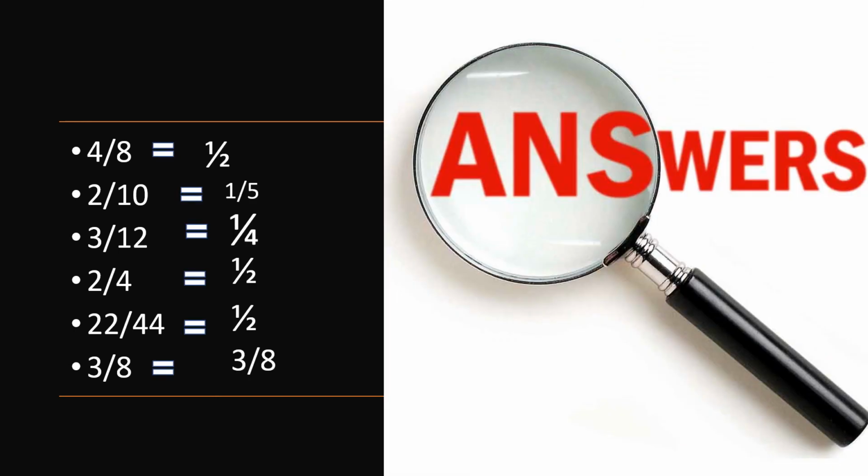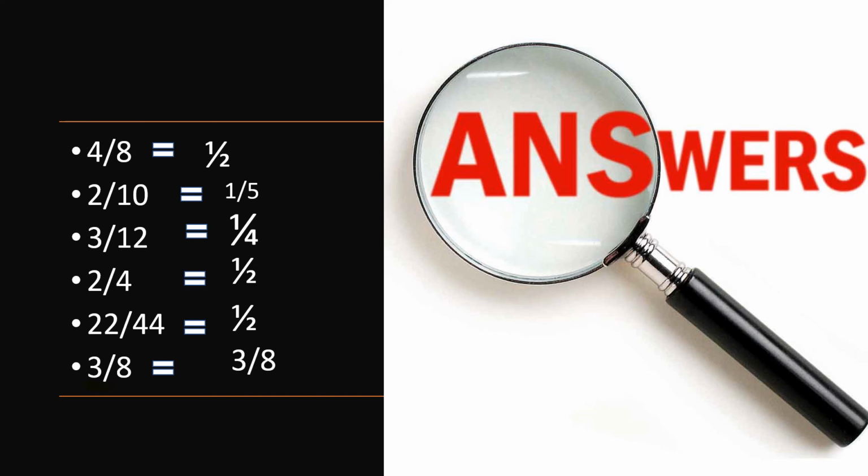Okay, so these are the answers. Let's see how you did. So 4/8, we can divide by 4, top and bottom, and get 1/2. With 2/10, we can divide top and bottom by 2 and get 1/5. 3/12, divide by 3 on the top and the bottom and get 1/4. 2/4 was the one we did in the example, which you know is a half. 22 over 44, well, we can actually divide by 22, so we get 1/2.